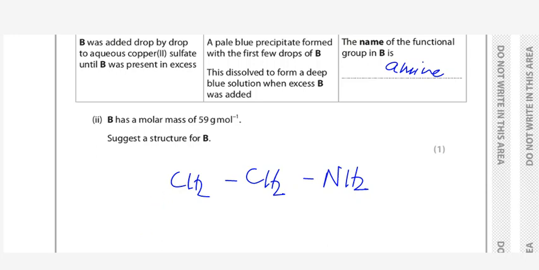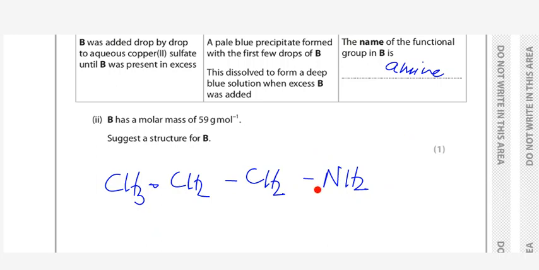Let's see, how many CH2 groups? Just put 3 and see first. 3 times 12 is 36. That can't be 4 because 4 is 48, right? So 36 for carbon. Nitrogen is 14, and you add the hydrogen at last. 5, 3 plus 2, 5, 5 plus 2, 7 plus 2, 9. You get exactly 59. Structure is this.